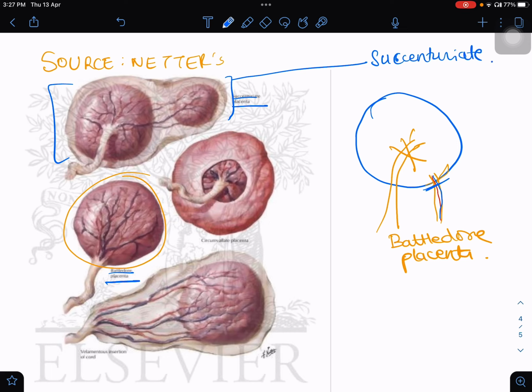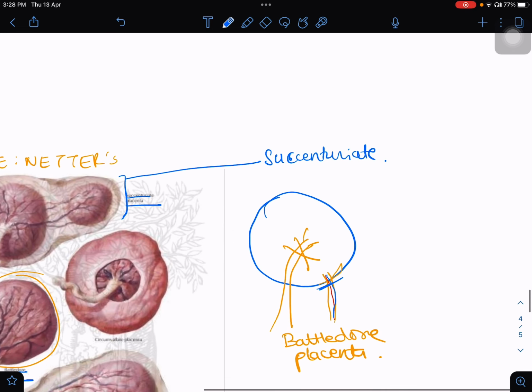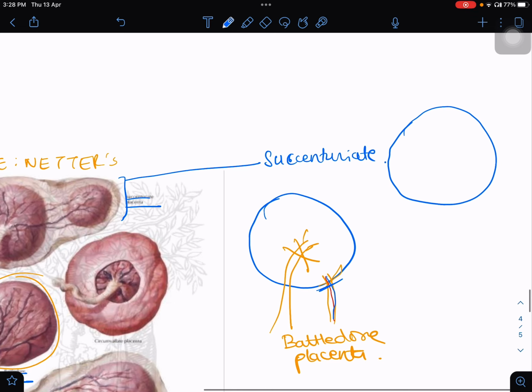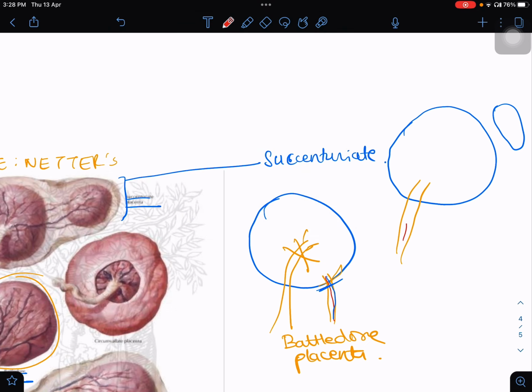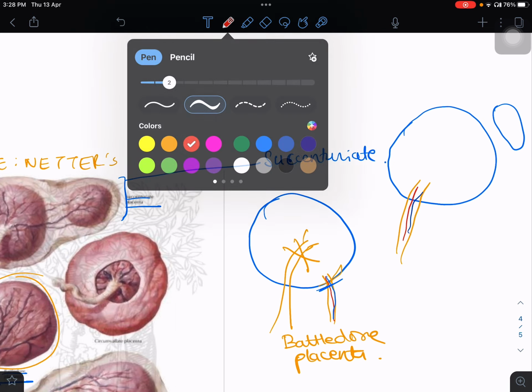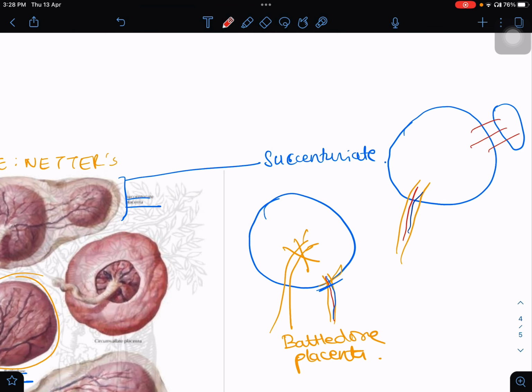What is a succenturiate placenta? It is where you have one placenta and another smaller placenta. There are vessels going into the main placenta, and there are also some minute vessels connecting it to the other placenta.